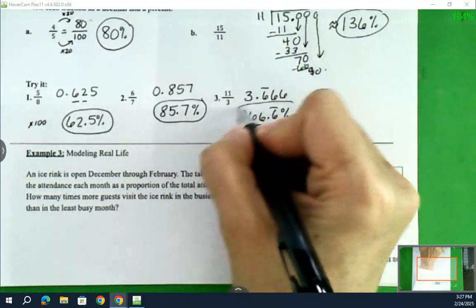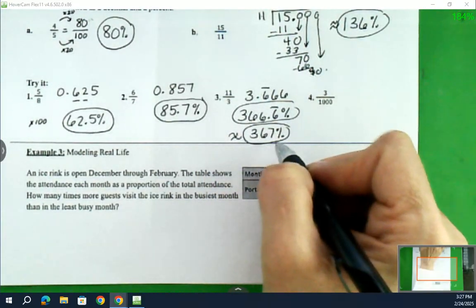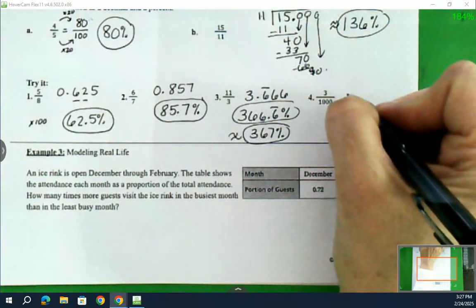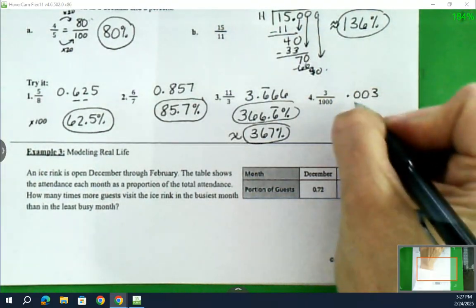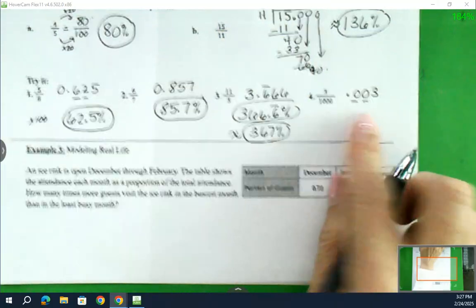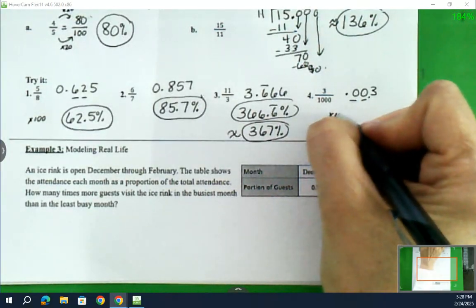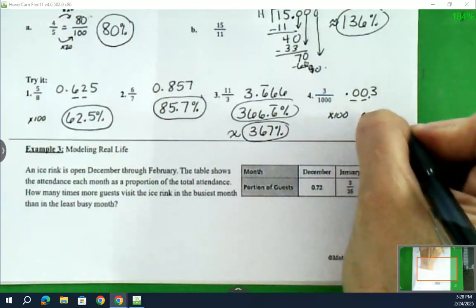So depending on if you rounded it to the nearest whole percent. And 3 divided by 1,000 is 0.003, so it's not even 1%. So that's going to be the decimal over here when you times it by 100 is 0.3%.